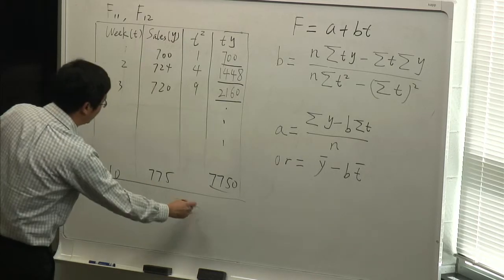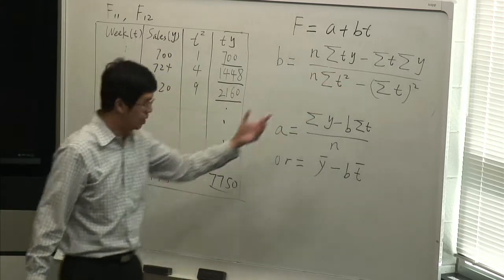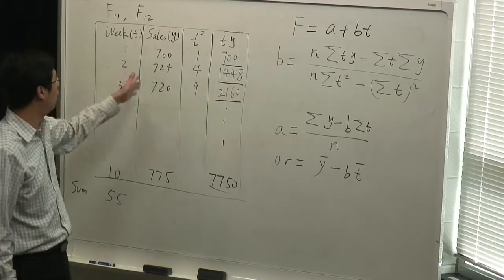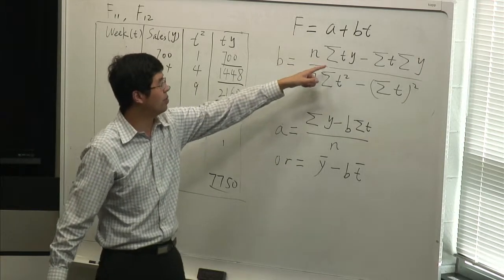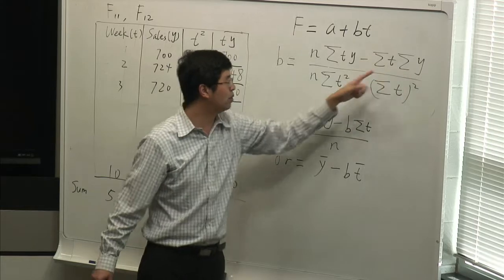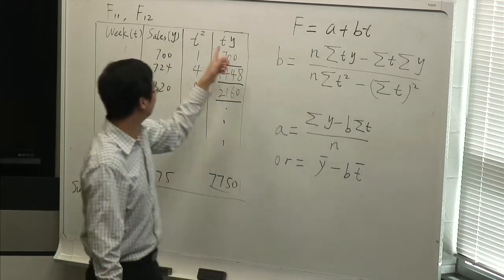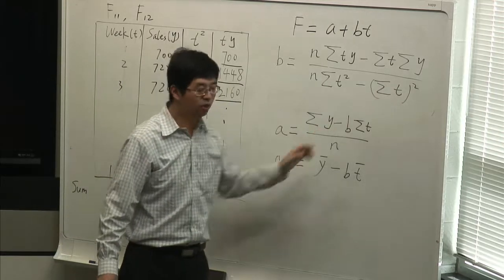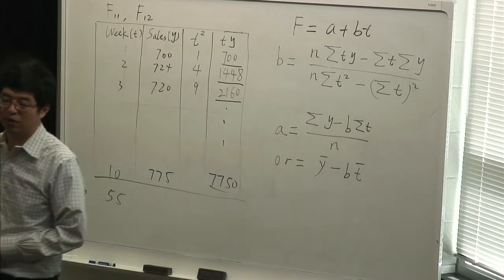You need to calculate summation t squared and summation ty. Then it becomes straightforward. Once you get the summation for these 4 columns, you just plug in summation ty, summation t times summation y, and the t squared summation here. And the summation t first, you get 55 squared.